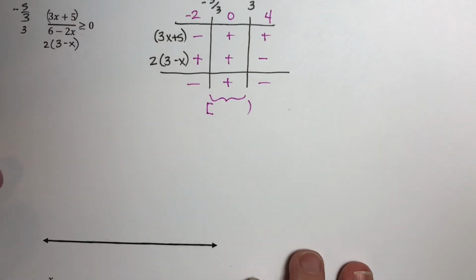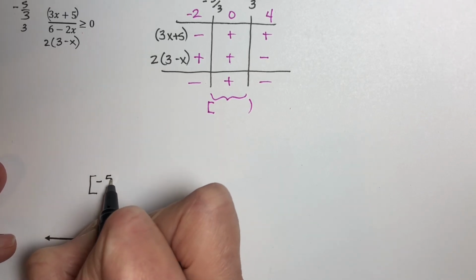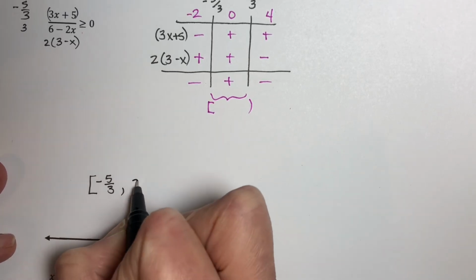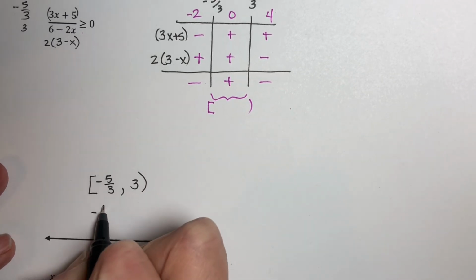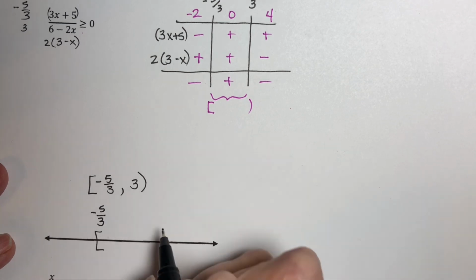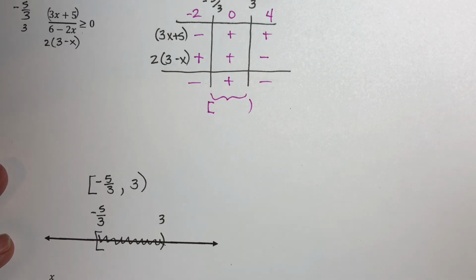Your answer here in interval notation is bracket -5/3 to 3 parentheses. And just place that on your graph and shade. And you're done.